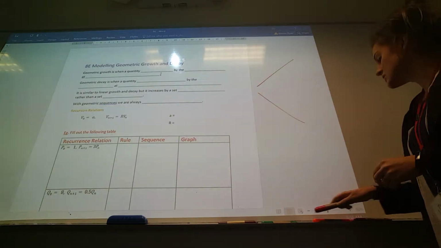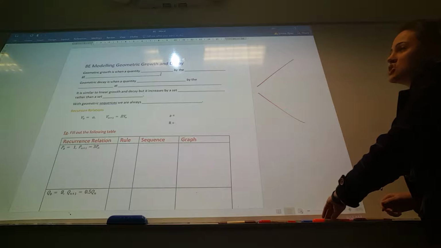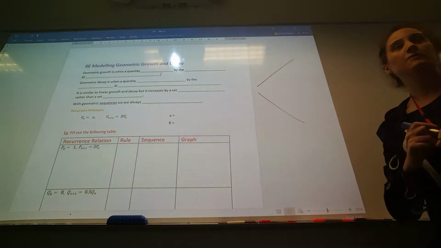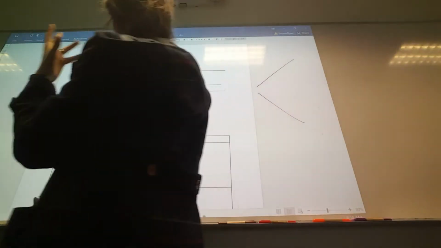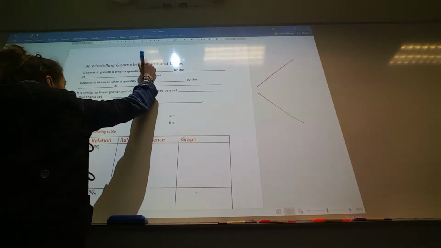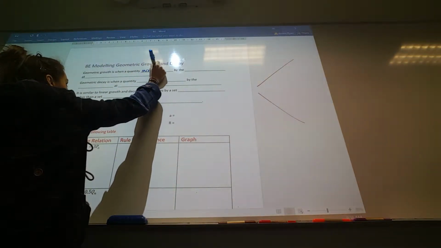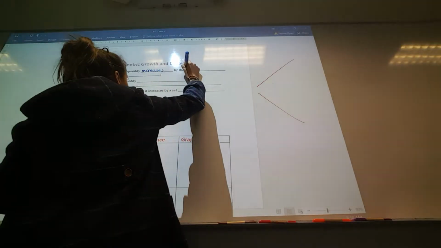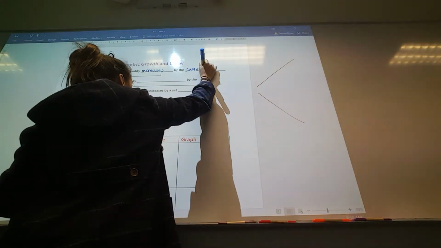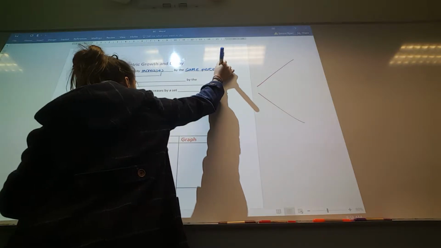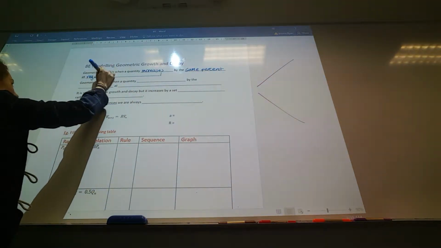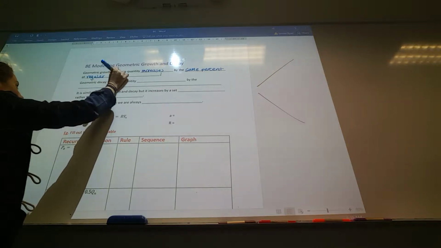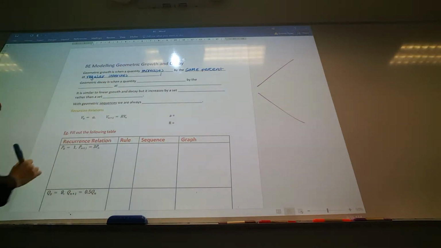All right, so today we're talking about geometric growth and decay. Geometric growth is when a quantity increases by the same percentage, or same percent, at regular intervals.